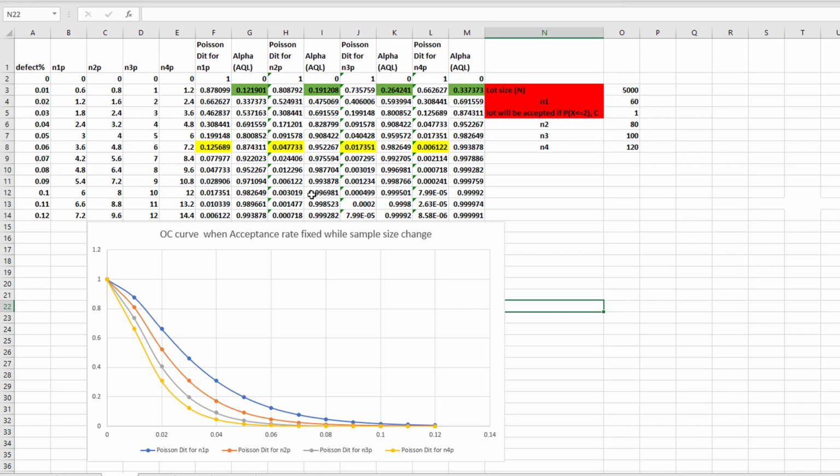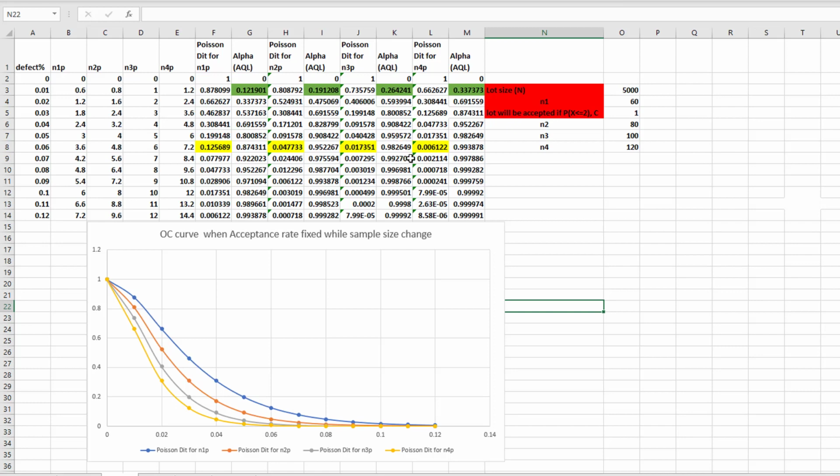So these results basically show that increasing the sample size N while holding C constant, so we just keep C constant, increases the producer risk. You can see the producer risk increases while the consumer risk reduces.